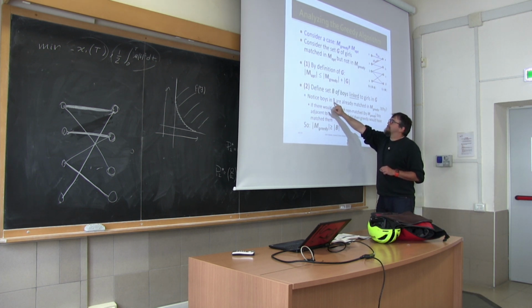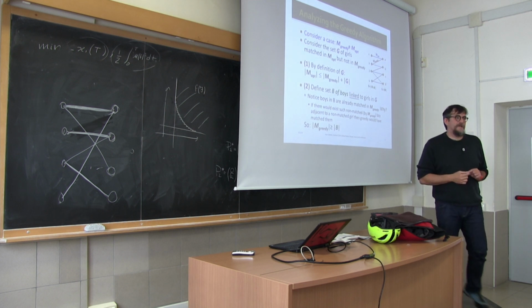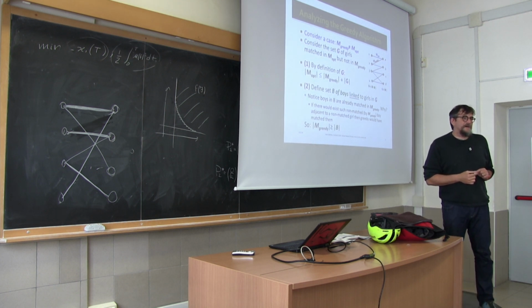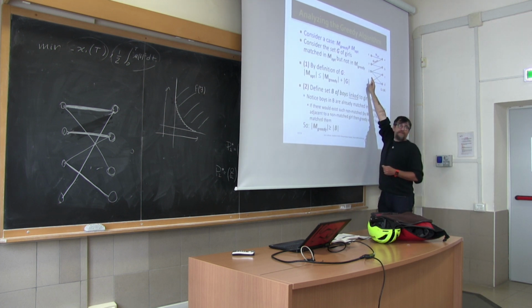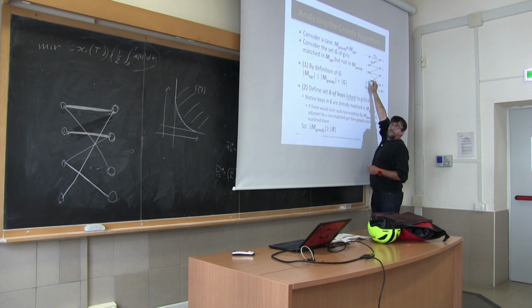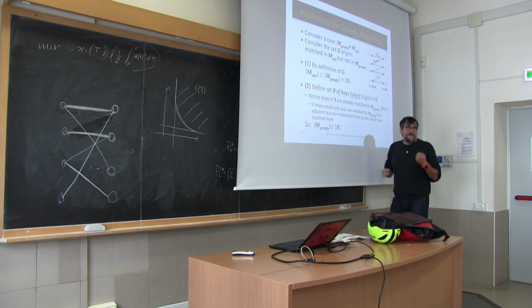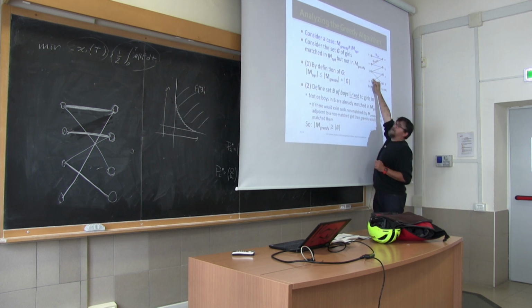Note that the boys in B are already part of the solution by greedy, because otherwise they would be added, right? If they were not part of the solution in greedy, since this girl is connected to those two boys, I could add her to the solution. They already have a match in greedy.